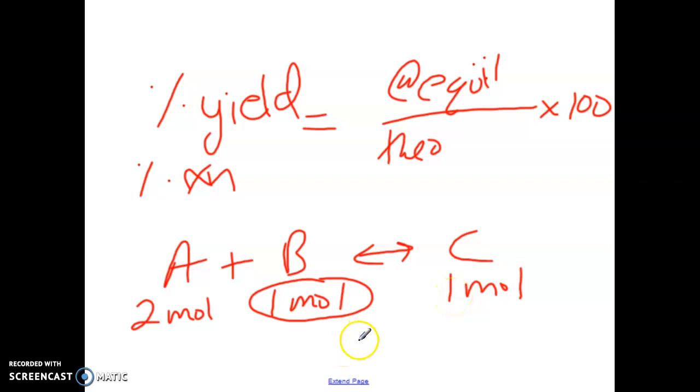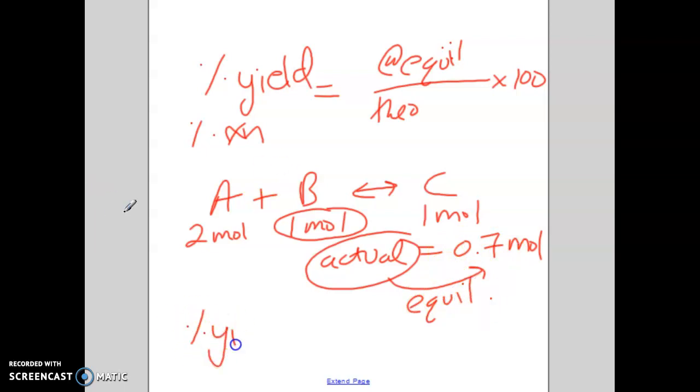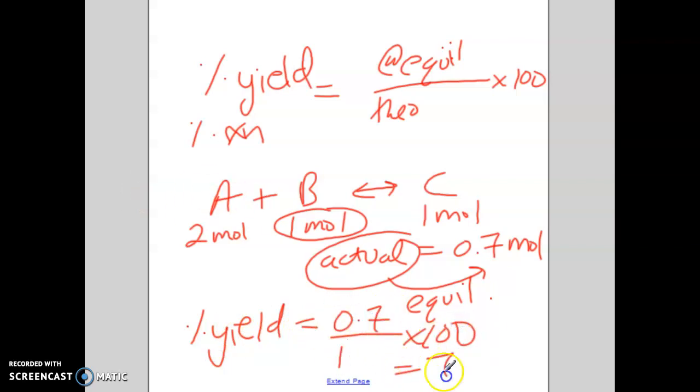But maybe when we actually do the reaction, we only get 0.7 moles. So this actual is basically the amount that was achieved once equilibrium has been established.